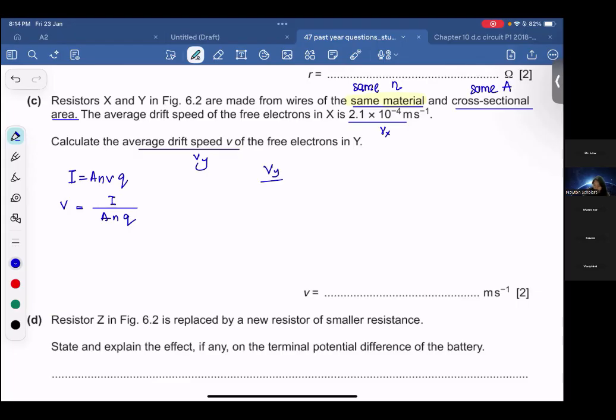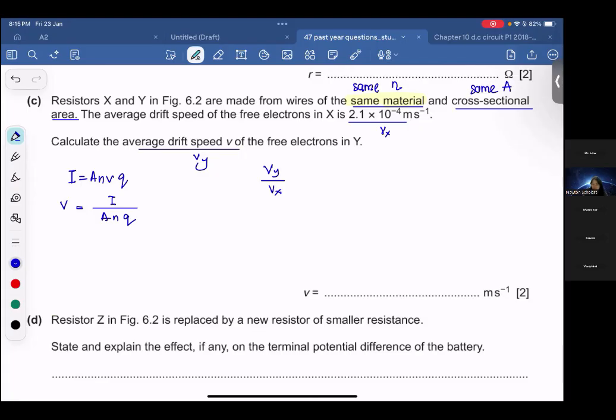Vy over Vx. I always like to use a ratio, because some of the variables we can just cancel out. We don't need to press a calculator. Washini, correct. Dear, every time they give you a characteristic or property of this material, and then ask you to find another one, I like to use a ratio like this.